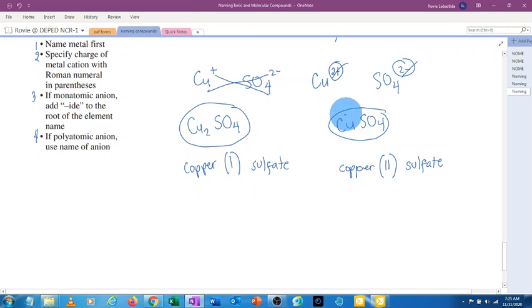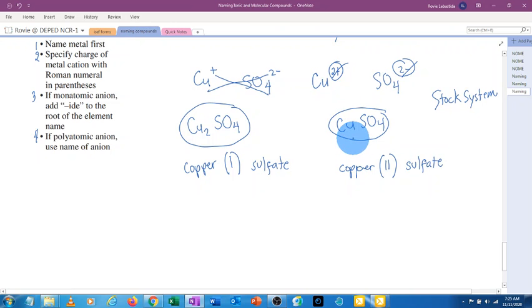So the name for this compound is copper 2 sulfate. Again, if you're using Roman numerals inside the parentheses, that is what we call stock system, in naming ionic compounds where the cation has more than one possible charge.